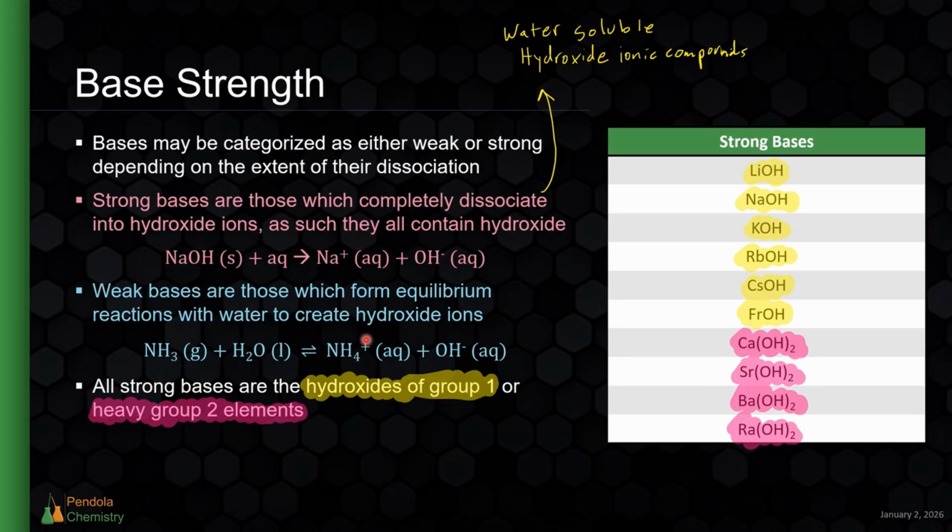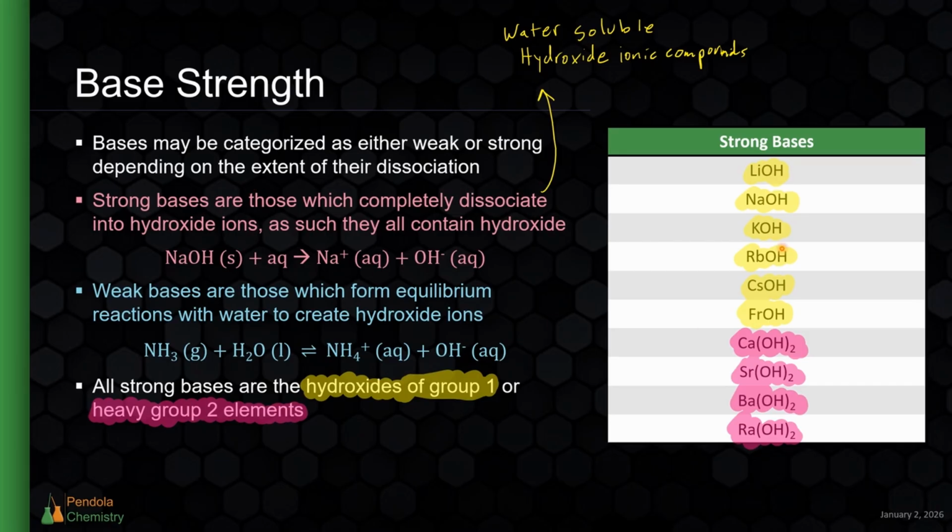And so any covalent compound that is a base, most of which will include some form of nitrogen in them, are going to be weak bases. Essentially, if you see nitrogen in a compound that is covalent, that is a very good indication that it is a weak base. Nitrogen is one of the main elements that is associated with weak bases that are covalently bonded.